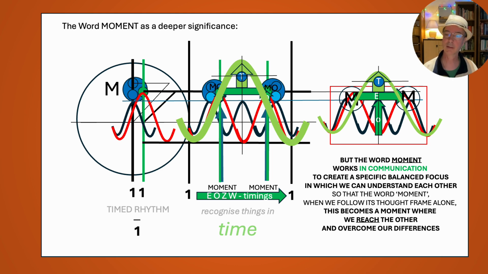So then you create a specific balanced focus in which we can understand each other, so that the word moment, when we follow it, is a thought frame alone, a thought frame of the word with a capital. It also will become a moment where we reach each other and overcome our differences.